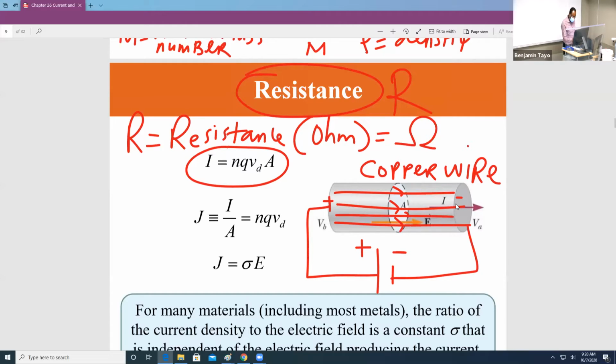The electric field is going to move positive charges from this point to this point, and so you're going to have a current I flowing. And that current is given by this equation right here.